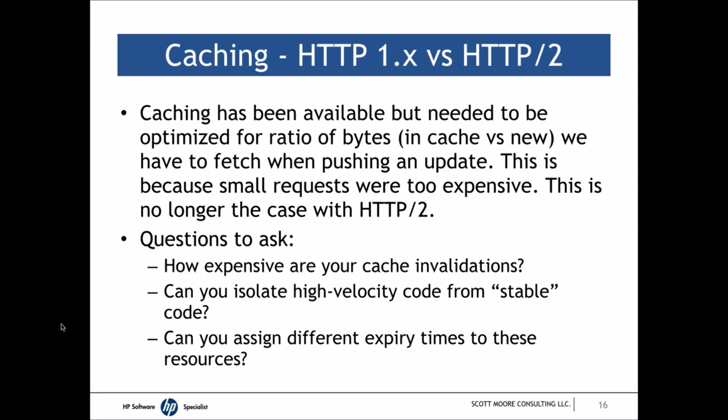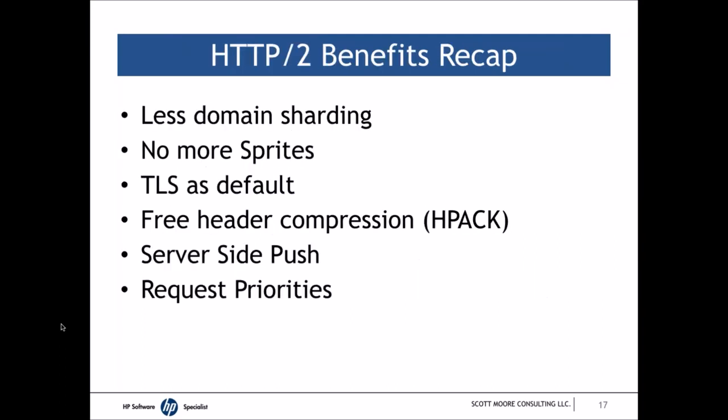Now that requests aren't expensive anymore, you have to look at your cache plan again and say, okay, how expensive is it going to be if I invalidate sooner, or do I still need these long times, or are there specific pieces of my code or areas of my site which are going to be more stable or change more, and those are where I'm going to want to alter those cache values. So everything that you do is going to be based on that. I've got a single fast connection, and I can do all these requests and responses without the big cost.